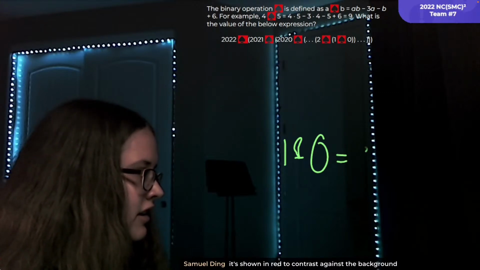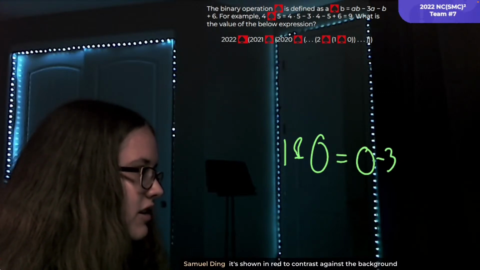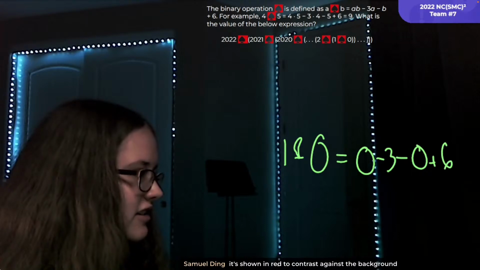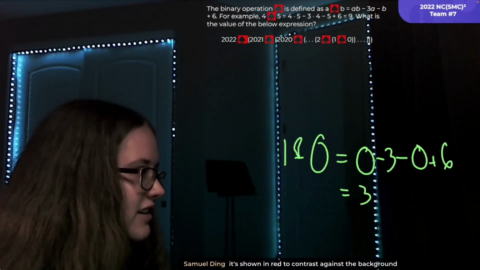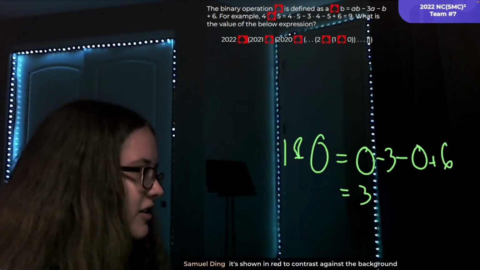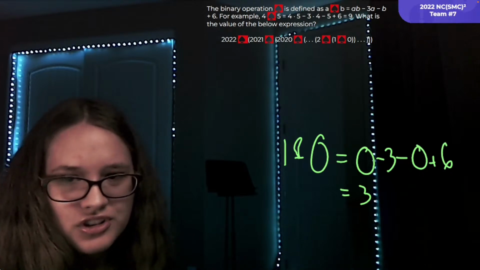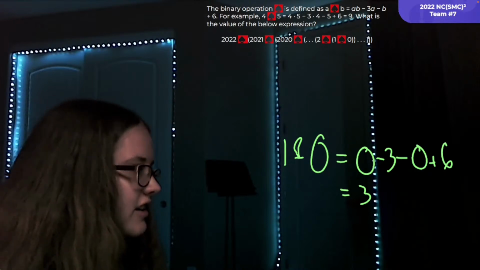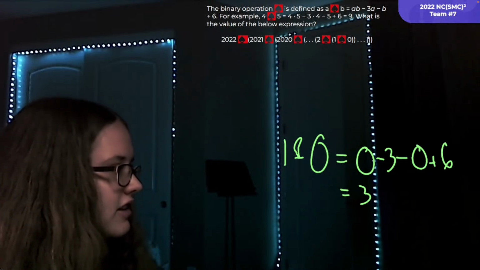That's simply 0 minus 3 minus 0 plus 6, which is 3. Unfortunately, not that nice. So let's go into that second idea.